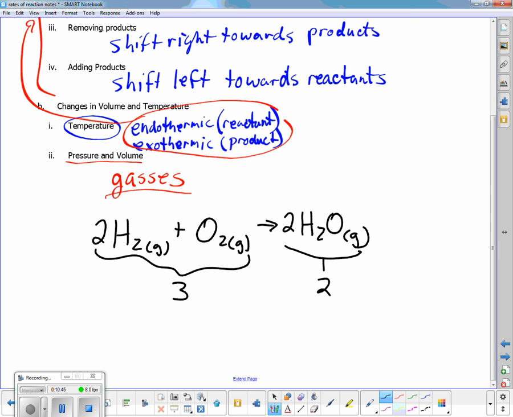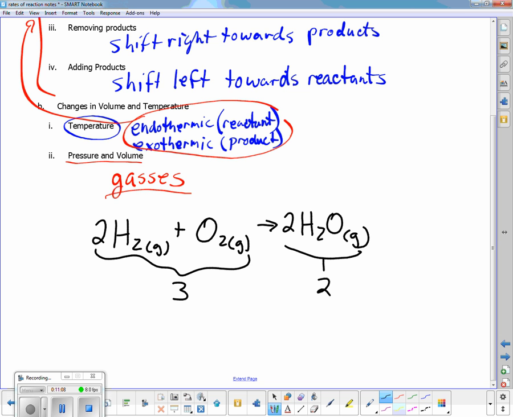When the pressure's high, I'm going to go to the side that has the least amount of gas. Think of the bottle: it was a small container, and when you open the lid, you made it a bigger container. So if I'm in a bigger volume, I have a lower pressure. If I squish that thing down, I'm going to increase the pressure.